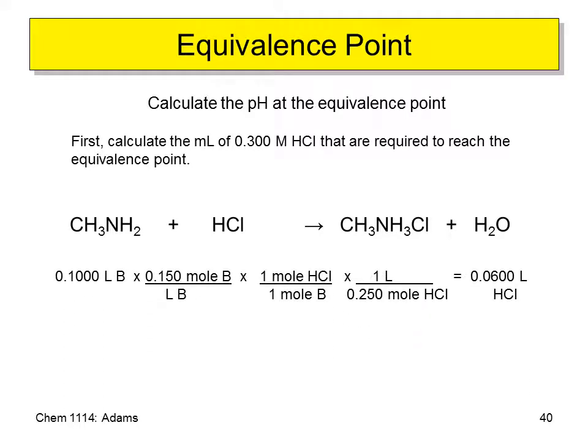Starting with the volume and the molarity of the base, using a mole ratio from my acid to my base and dividing by the molarity of the acid, I get 60 milliliters, 0.0600 liters, are required to reach the equivalence point.